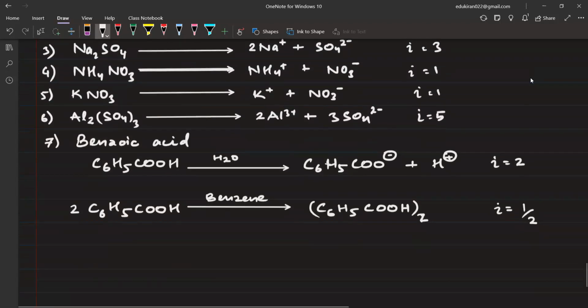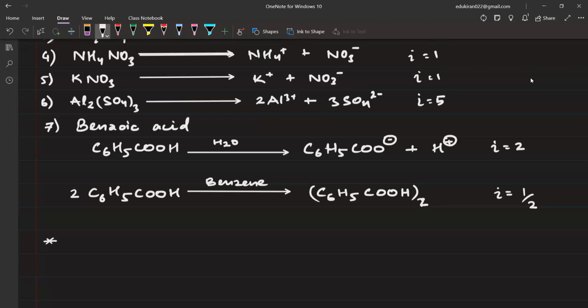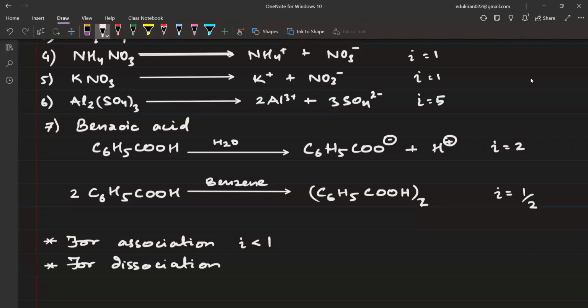One important point you can find from here, which has come many times in questions: for association the value of i is less than 1, and for dissociation the value of i is greater than 1. Okay. Write this down quickly.